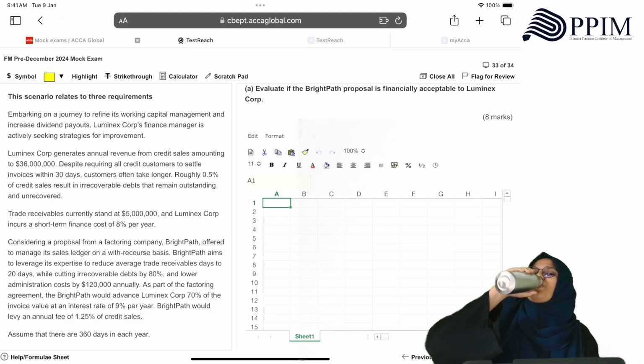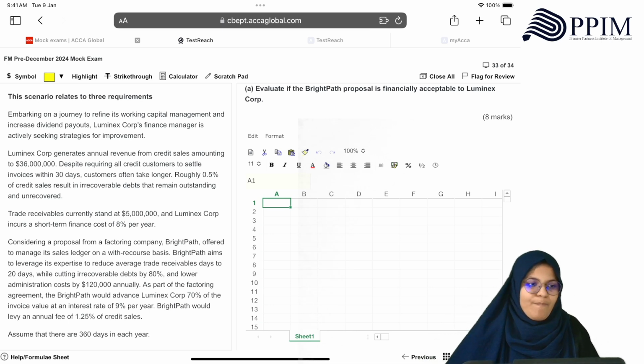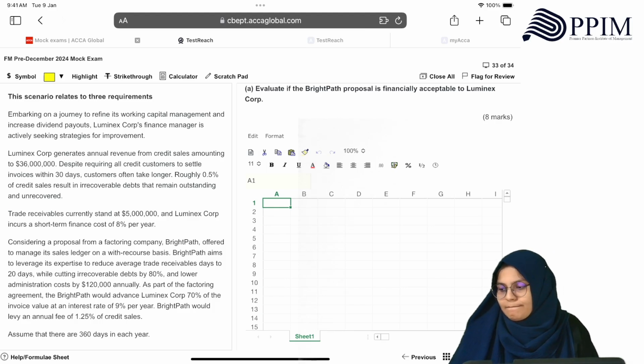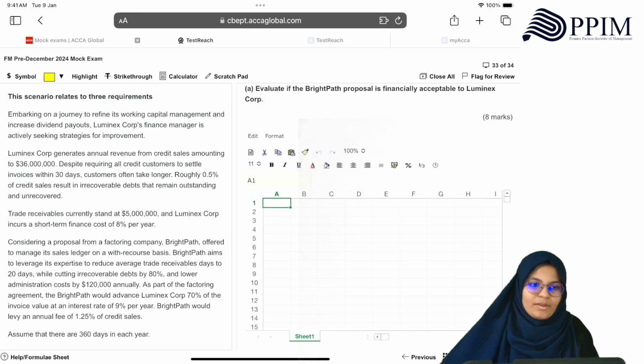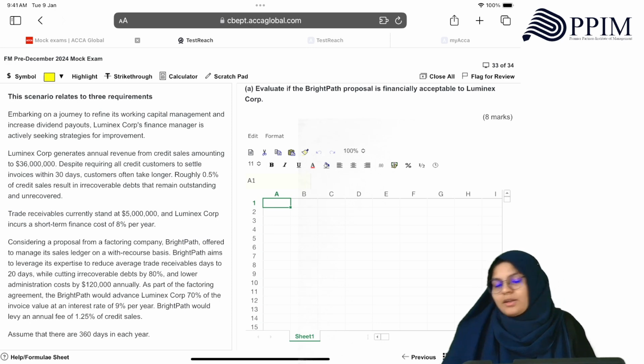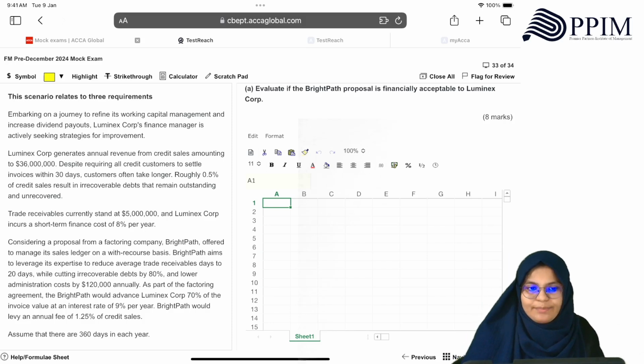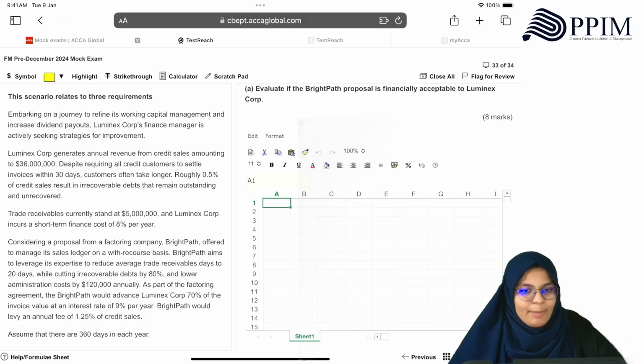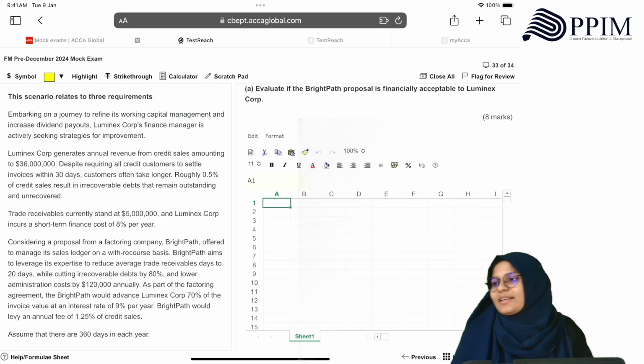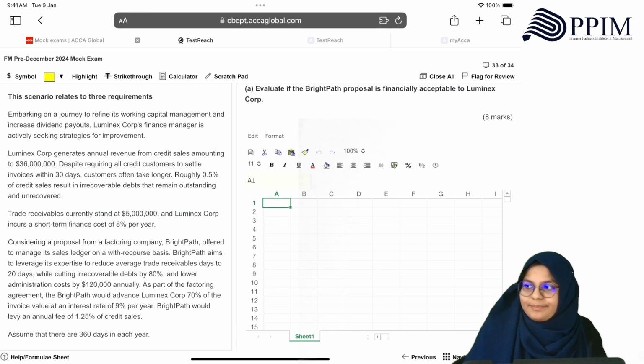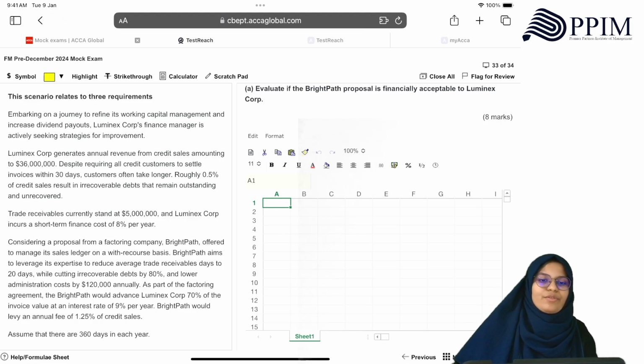Right, so now we will get to it. Okay, so what are they saying? Embarking on a journey to refine its working capital management and to increase dividend payouts, Luminex Corp's financial manager is actively seeking strategies for improvement. Luminex Corp generates annual revenue from credit sales amounting to 36 million.